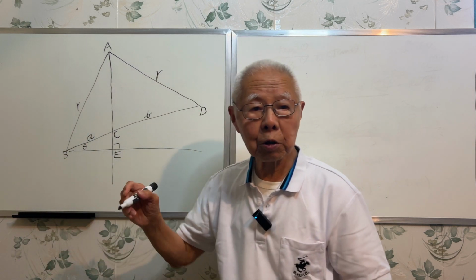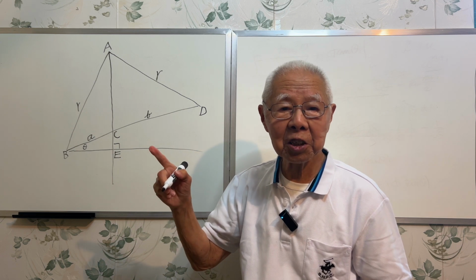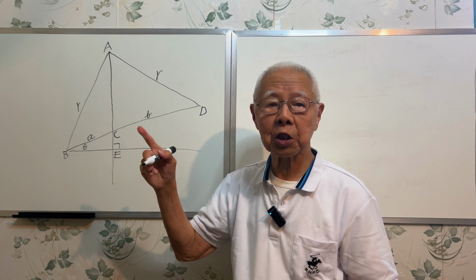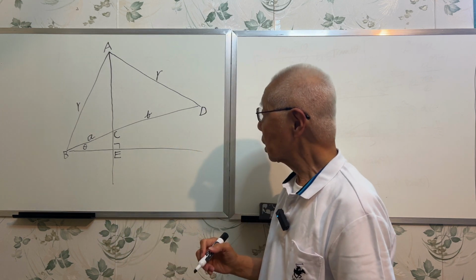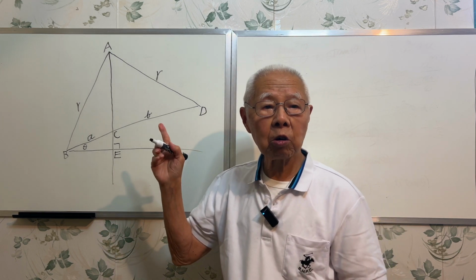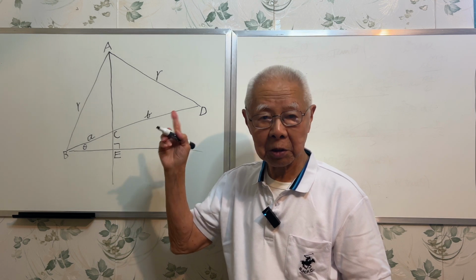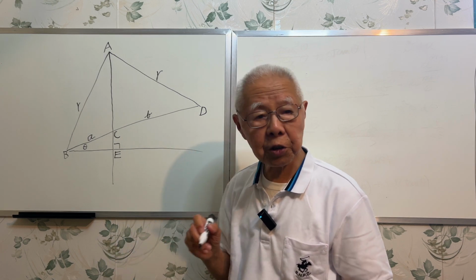And I label the two equal sides of the isosceles triangle by the letter R. This is all we are given. So what is the question?